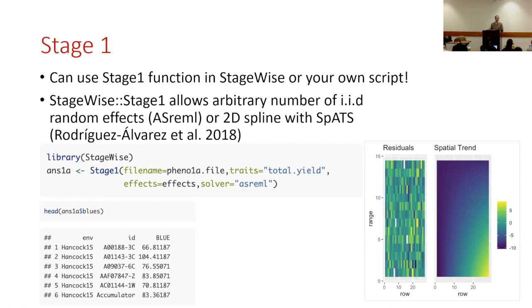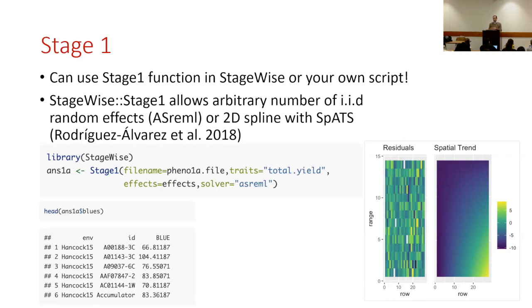Many people would have the capability to do their own stage 1 analysis, so I didn't spend a lot of time trying to reproduce all the nice other software that can do these kinds of mixed model analyses. My stage 1 function will allow an arbitrary number of IID random effects or fixed effects, but, for example, you can't get it to do a correlated error structure like you could in ASReml.